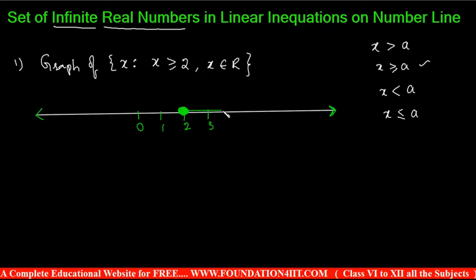Again, you can draw a line till the ending, until where the arrow mark is, and make it a dark line. That means x is greater than or equal to 2, where x belongs to the real numbers. So after 2, even 2.11, 2.12, every number till infinity. That is the meaning of this.